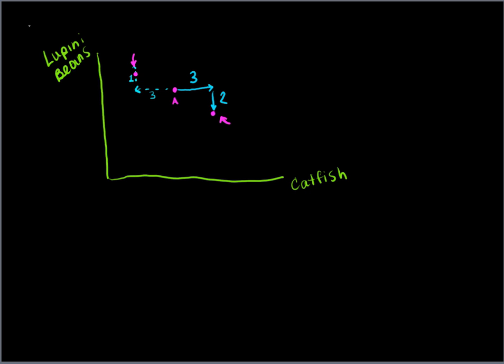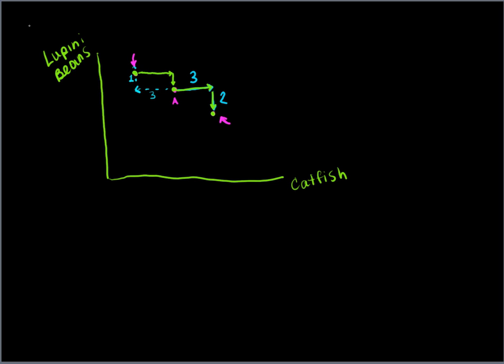The idea is that to gain 3 catfish fillets, we give up 1 jar of lupini beans, and that gets us to point A. Okay, so we start here, we gain 3 catfish fillets and lose 1 jar of lupini beans. Then from point A, in order to gain that same amount of catfish fillets, we now lose 2 jars of lupini beans. And that brings us to the third point of efficient production.